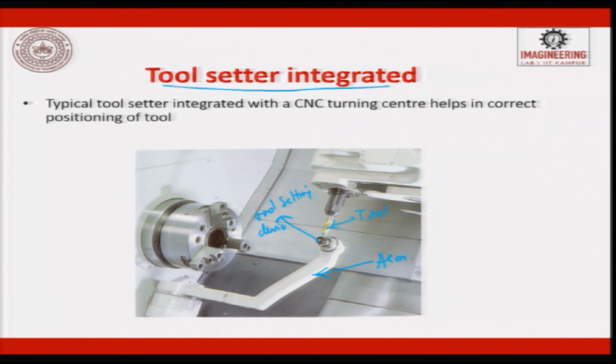If you want to check the height of the tool or the diameter of the tool, you can check it, and accordingly this will be entered into the register. When the CNC program calls for the tool, it takes the rest of the data and then starts using it for machining. So, a typical tool setter integrated with the CNC turning center helps to correct the position of the tool.